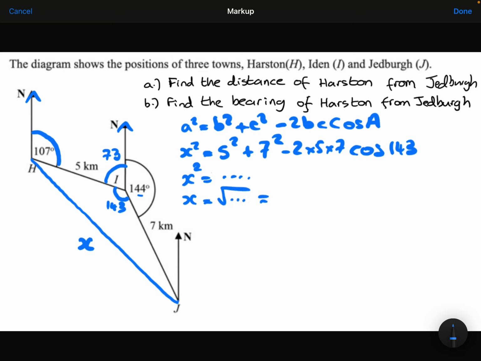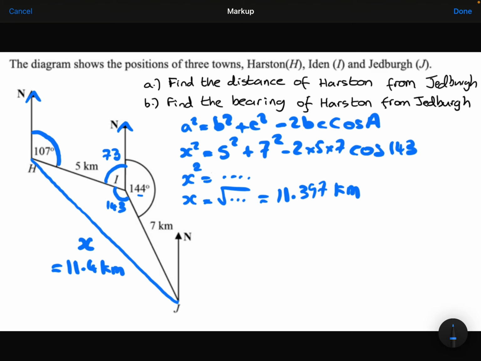And when I do all of that, I find that that distance is 11.397 kilometres. Or to one decimal place, 11.4 kilometres. So that's part A of the question. I've worked out that Harston is 11.4 kilometres from Jedburgh.